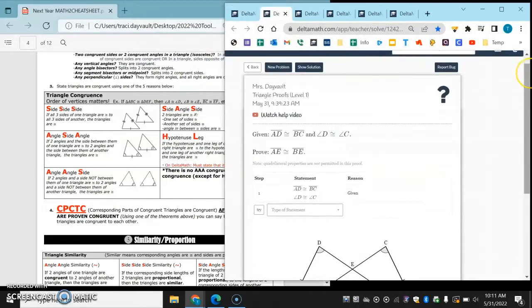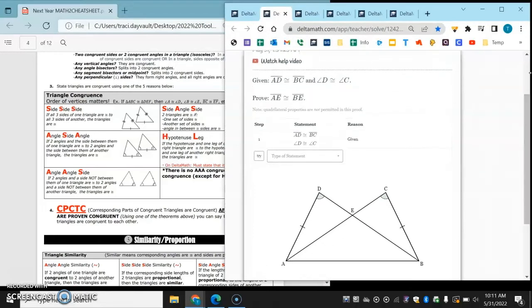Let's do another similar type of question. It gives us that AD is congruent to BC. It also gives us 2 angles that are congruent. And we're trying to prove that AE is congruent to BE. What I want to do first, before I could prove that those are congruent, is to prove that we have 2 congruent triangles. There are a couple of different ways to do these, so there's multiple ways to get to the same answer.